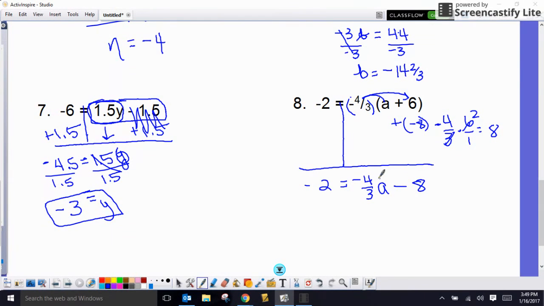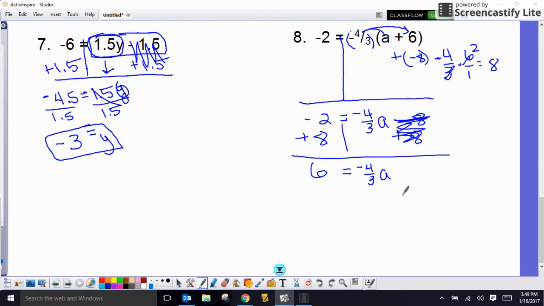This is an ugly problem. So I'm going to add 8 to both sides. This would be 6. This would be negative 4/3 A. And I'm going to multiply by 3 and get 18 equals negative 4A divided by negative 4.